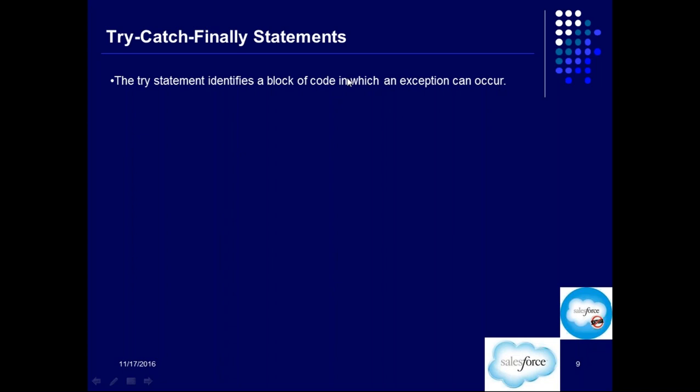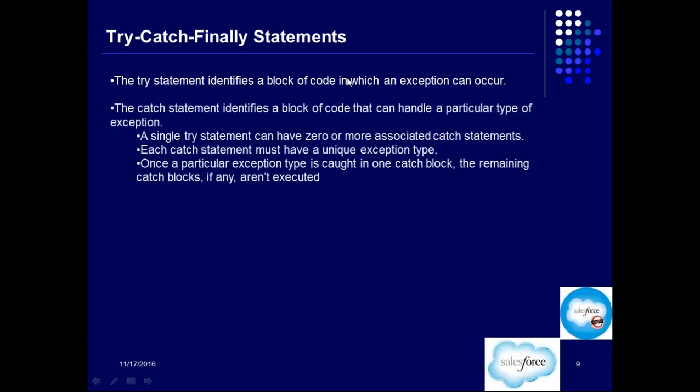So a try statement identifies a block of code in which an exception can occur. The catch statement identifies a block of code that can handle a particular type of exception. So this catch block is basically going to catch the exception for you. A single try statement can have zero or more associated catch statements. For one try you can have zero catch also, or you can have multiple catch statements.